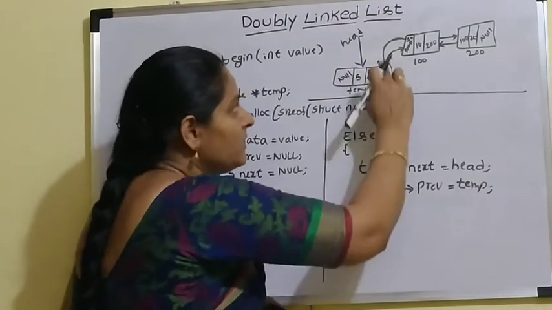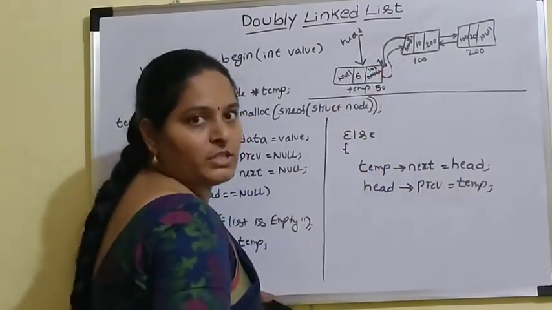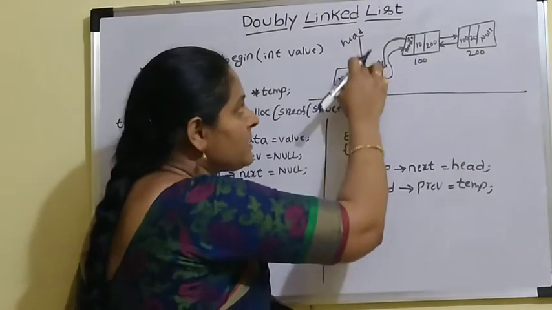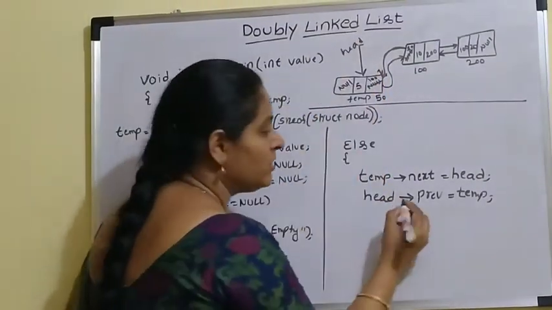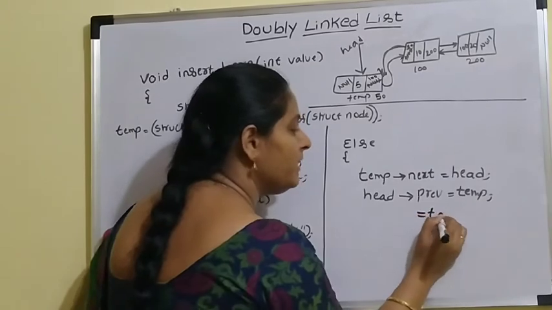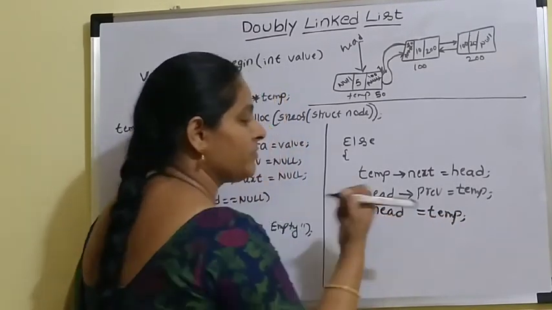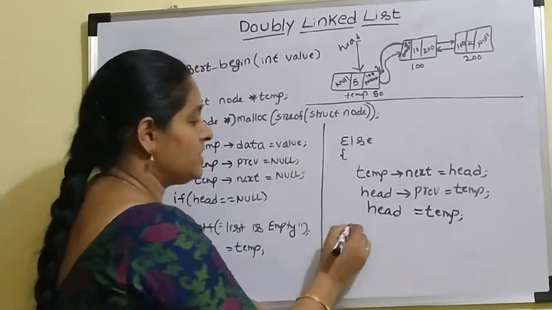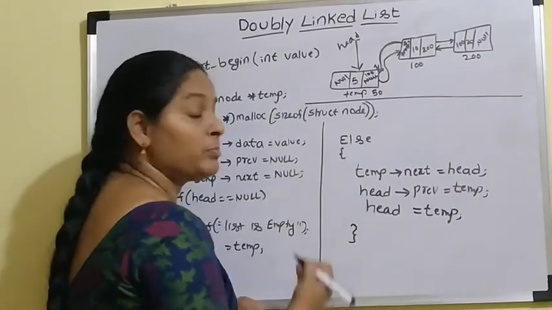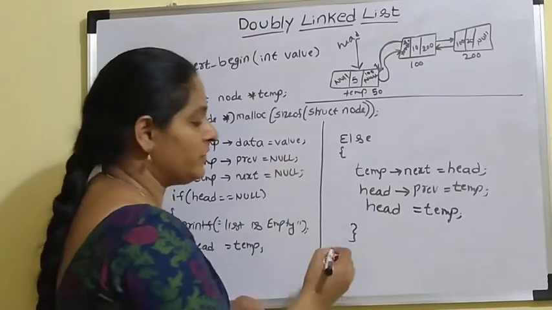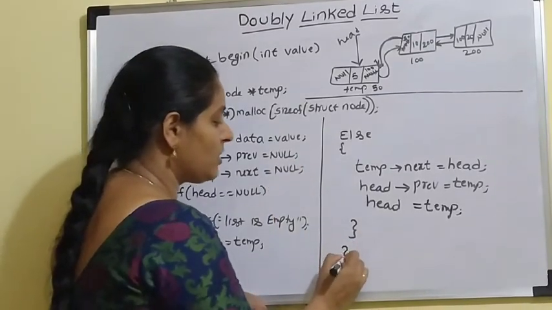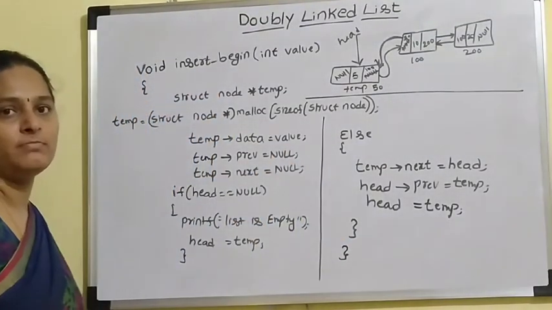With this, these two connections will be established. Now after insertion, our temp is the head node. So make our node a head node. Head equal to temp. So these are the three statements for placing our node in the beginning position of the list. Close the else block and close the begin function.